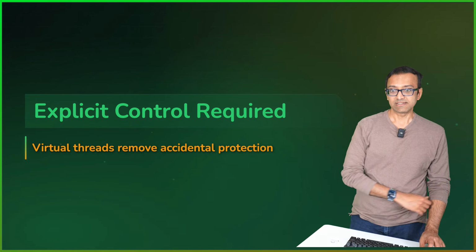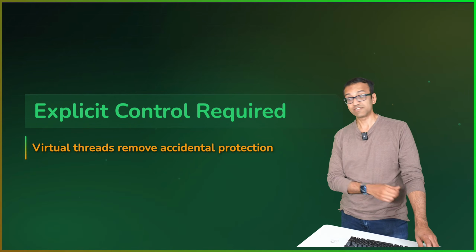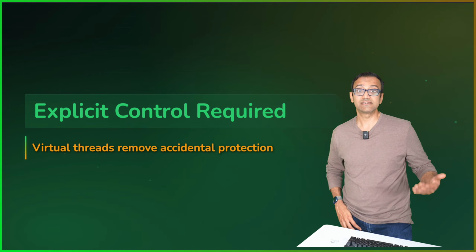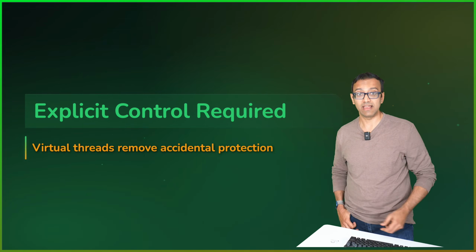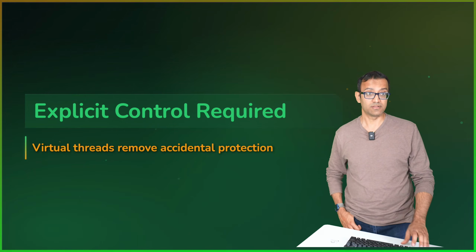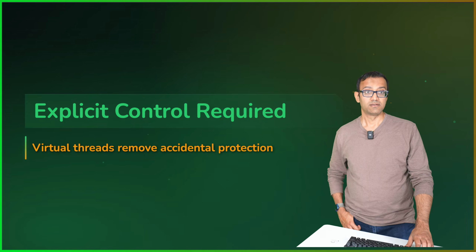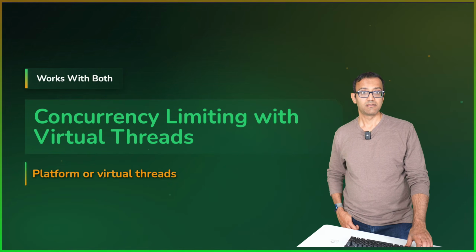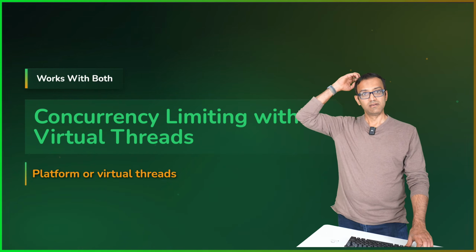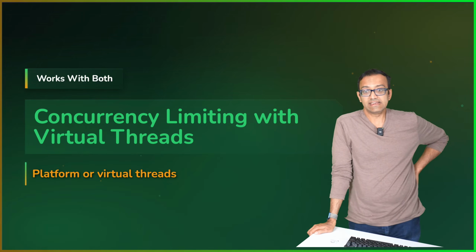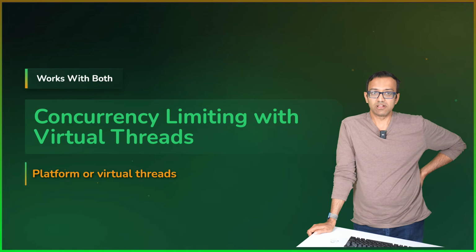So you need explicit control. Virtual threads are great for scaling, but they remove this accidental protection that you might be relying on. Now you need that explicit concurrency control. Spring's concurrency limit works identically with virtual or platform threads.